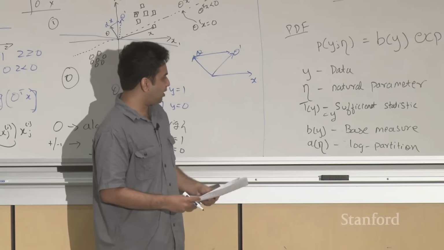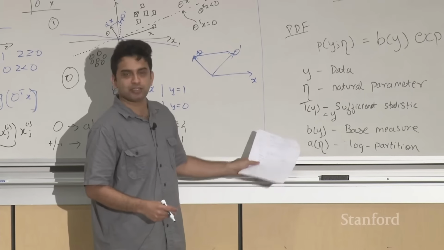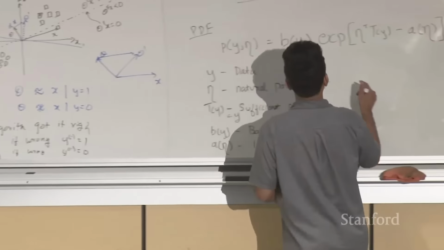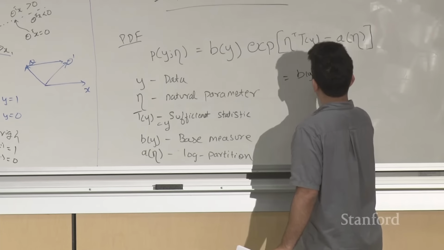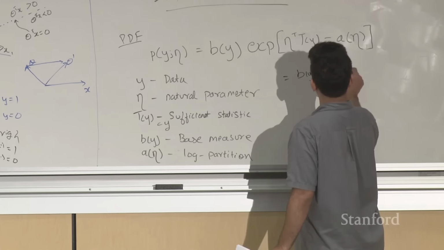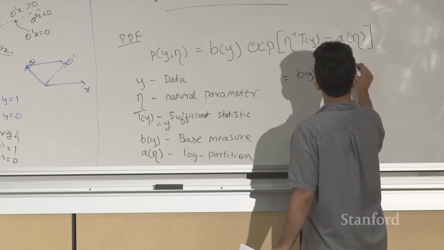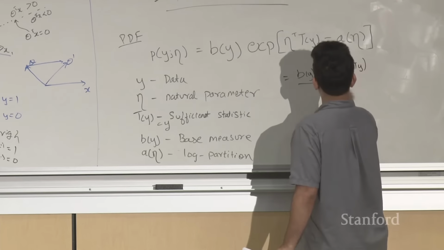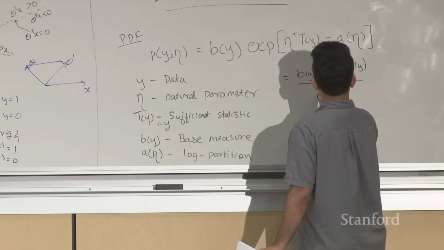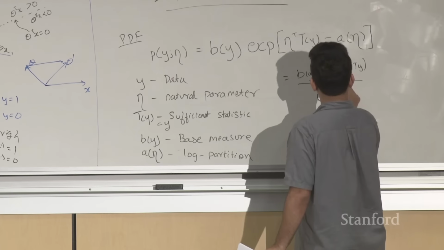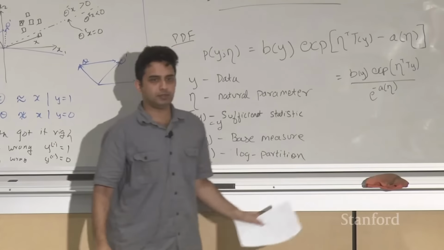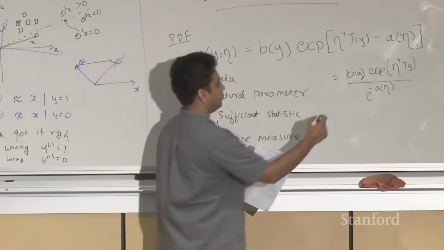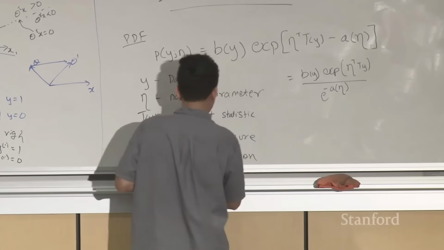The reason why this is called the log partition function is pretty easy to see, because this can be written as B of y exp of eta transpose T of y over... Right? So these two are exactly the same. Just take this out, and sorry, this should be the log.